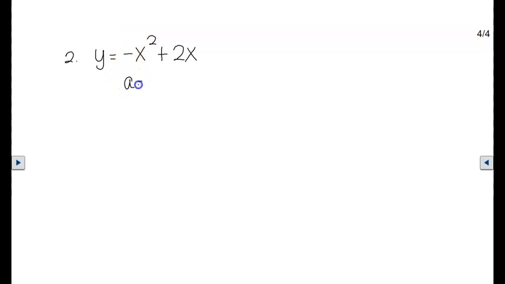So in this problem, a is -1. And then I have my plus bx term. And my b would be that +2. And then notice that the plus c term out here on the end is missing, so that means that c is 0. So this is a quadratic function with a equal to -1, b equal to 2, and c equal to 0.